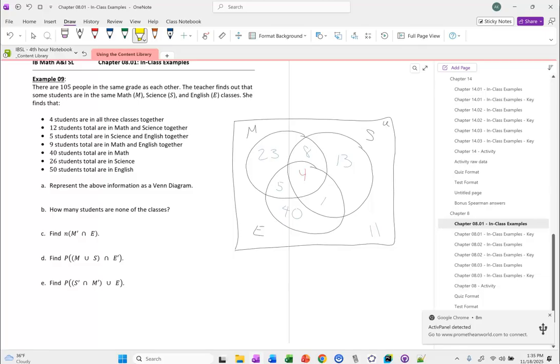So you want the things in m complement and also e. Oh. So we look at the things that are in e but not m. No. 11. Okay. How about P of M union S intersect E complement? I didn't even miss it.